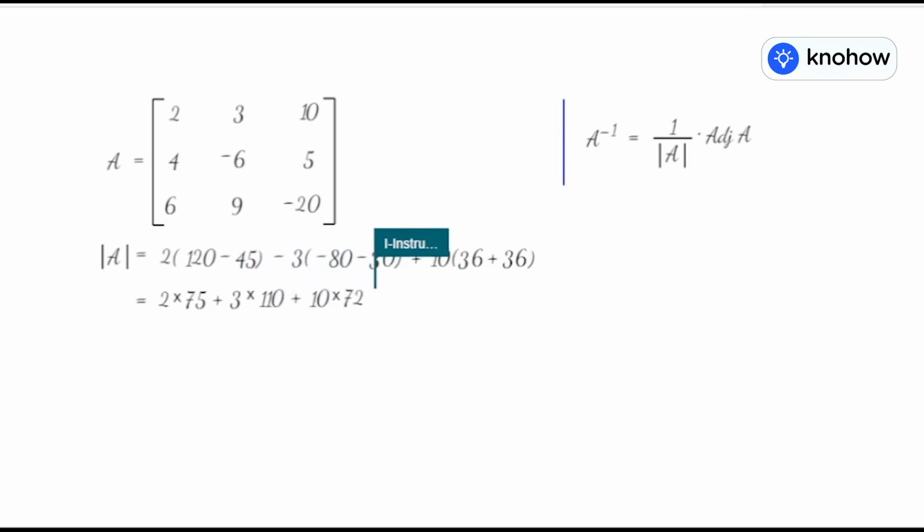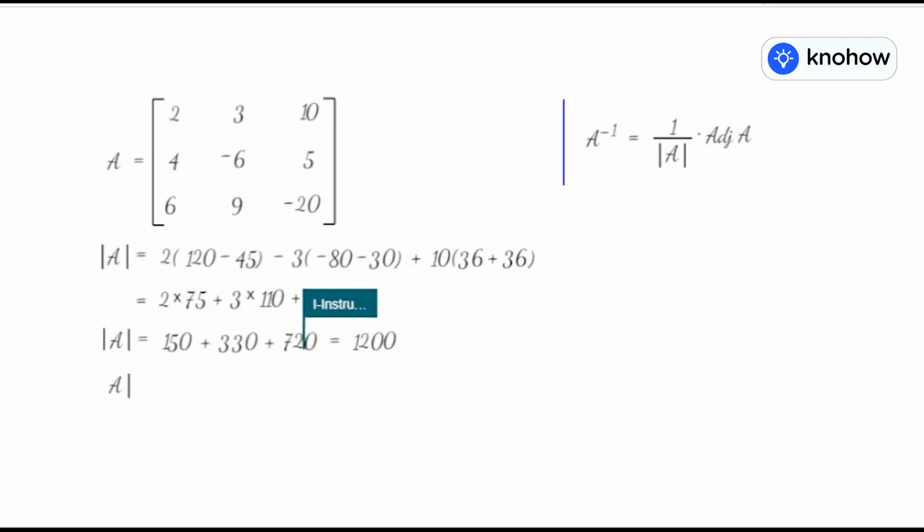So you just work it out and you will get the value of determinant A equal to 150 plus 330 plus 720, and finally it will be 1200. So yes, we have got the value of determinant A. Keep it with you, and finally we will require it to find A inverse. Determinant A is 1200.